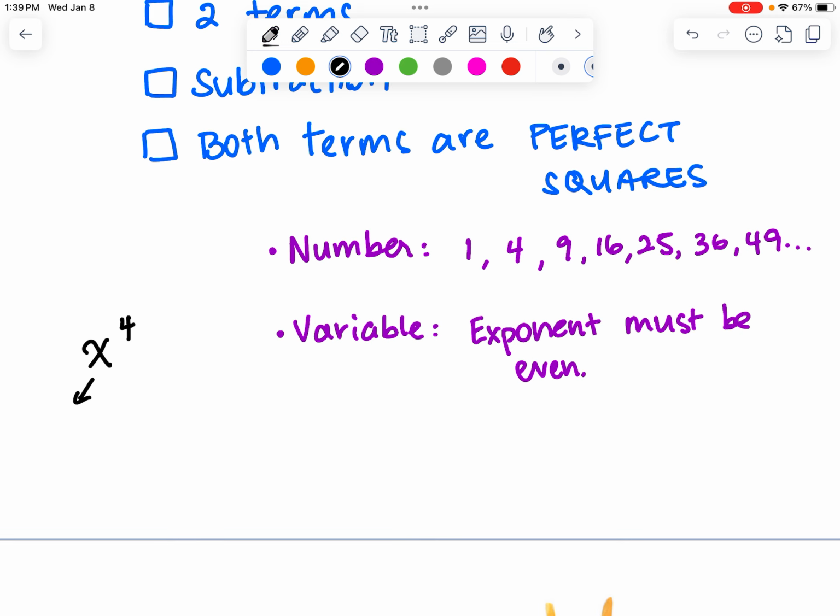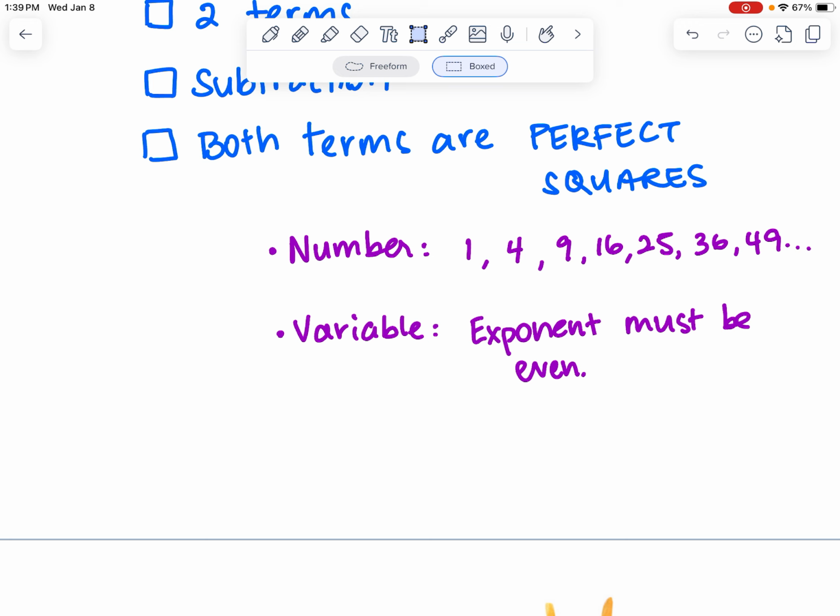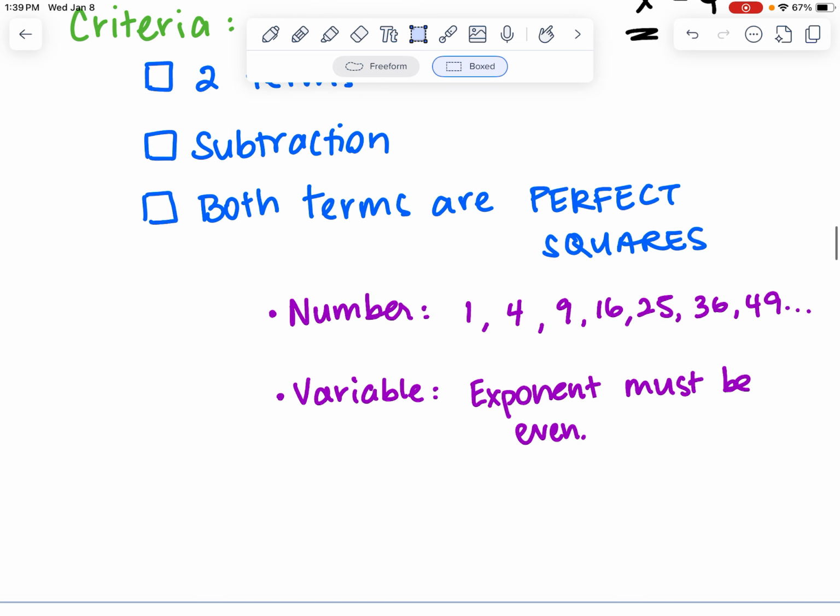If I have an even exponent here, I can say that breaks up into x squared and x squared. So square root of x to the 4 is, well, x squared times itself could give me x to the 4. Sorry if that was a bit quick. Not all of you might get that, but you can still do the question without it.